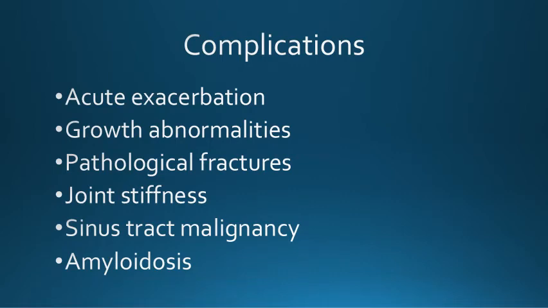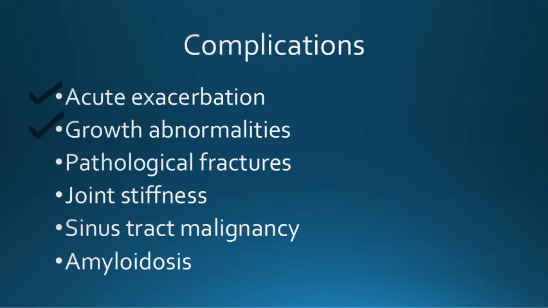Coming to complications, the patient with chronic osteomyelitis can have an acute exacerbation, when there is extrusion of the pus from the sinus. There can be growth abnormalities, which will happen if the patient is a child.